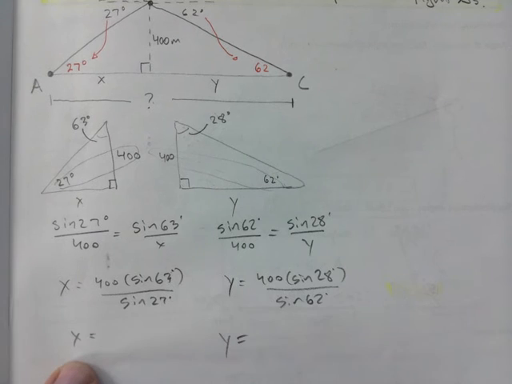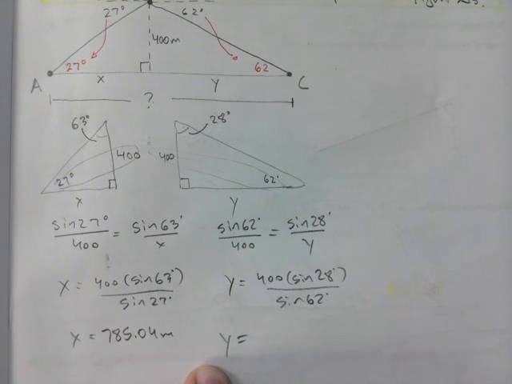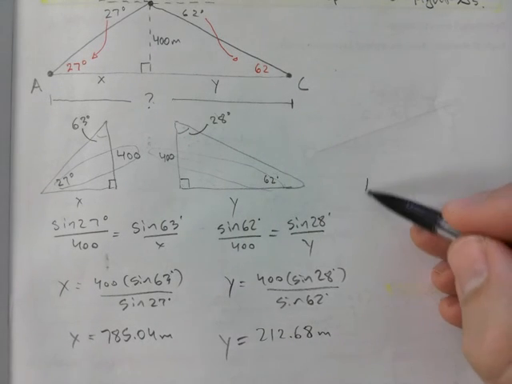Let me just run this because I just got it off the text. I don't have the answer to this yet. x is 785.04 meters, and y is 212.68 meters. We're not done yet.